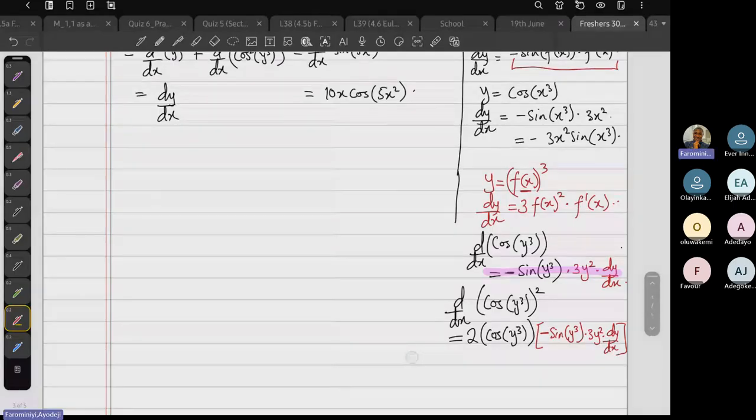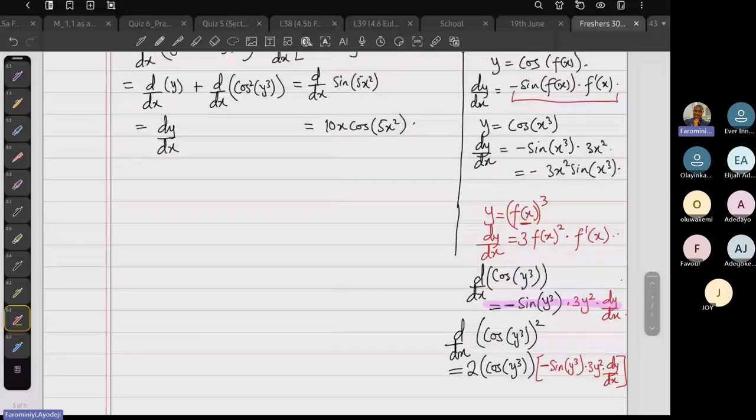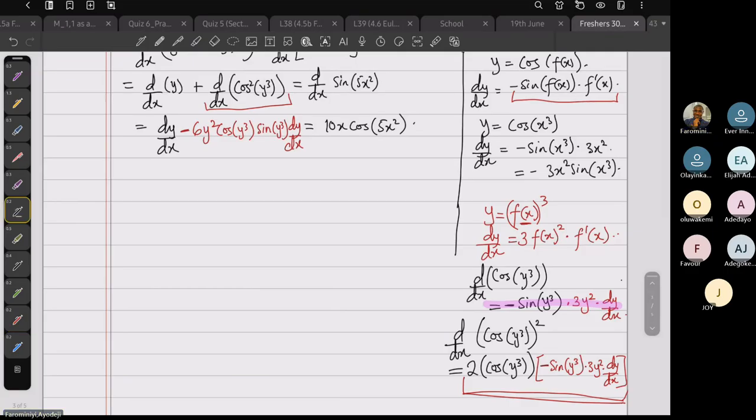Combining these together, I just copy this to this part. That will be negative 6y squared cos y cubed sine y cubed dy/dx, substituting what we have here.